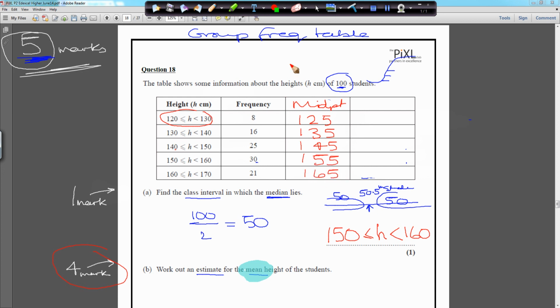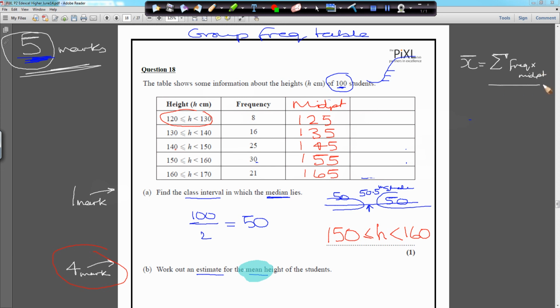Now, when we work out the mean, I'll write the formula down on one side for you. The mean is represented in mathematics by x bar, just a symbol, nothing to be worried or scared about. So x bar is equal to the sum, this symbol is sigma notation, again nothing to worry about, it means sum of, the frequency multiplied by the midpoints.